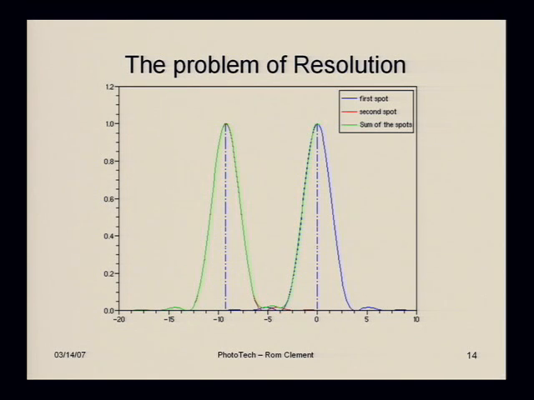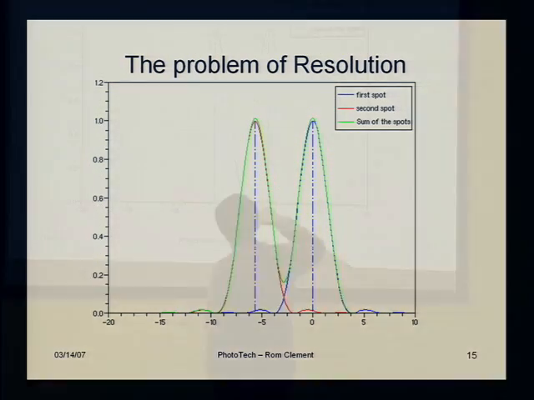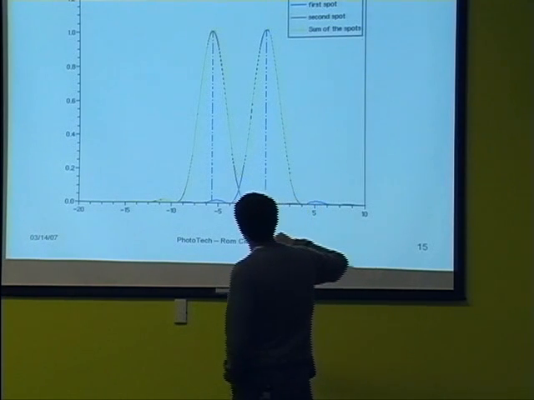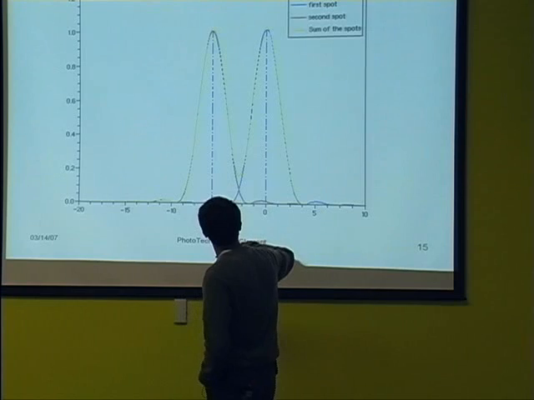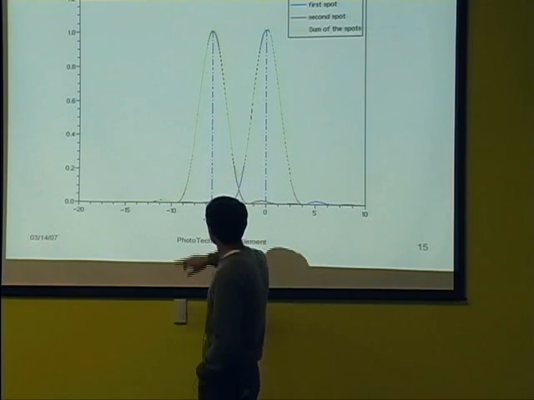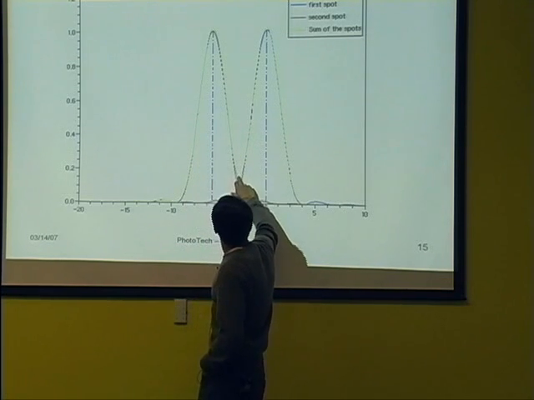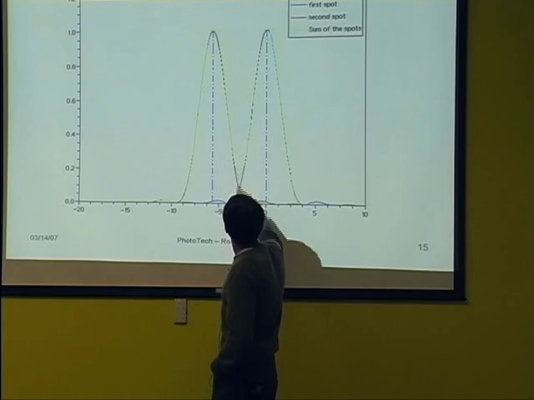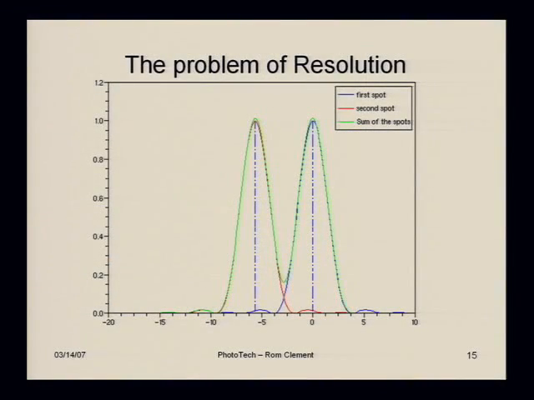What starts to happen is that I have a first peak in the blue curve for my first star, and then a second peak which is my second star. But in reality, the intensity is the sum of the two. So now I start to have a local minimum between my two spots.